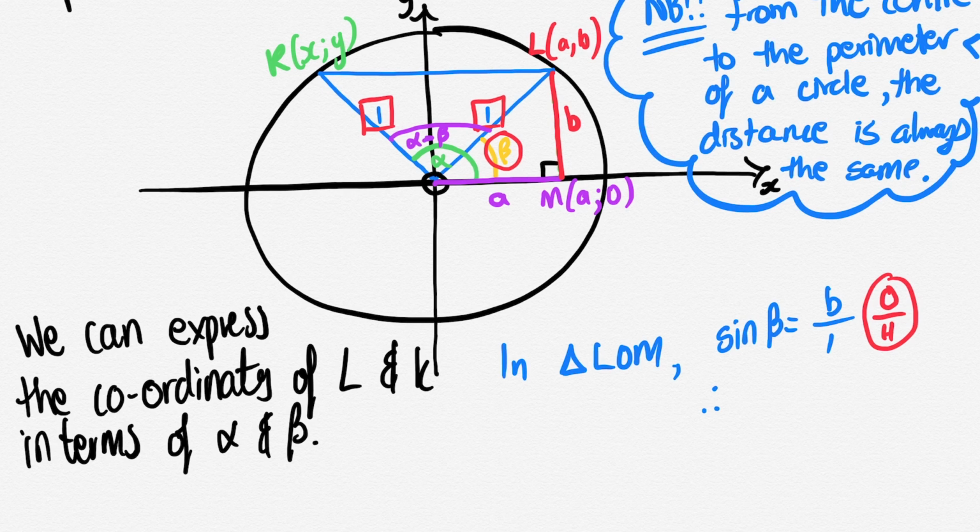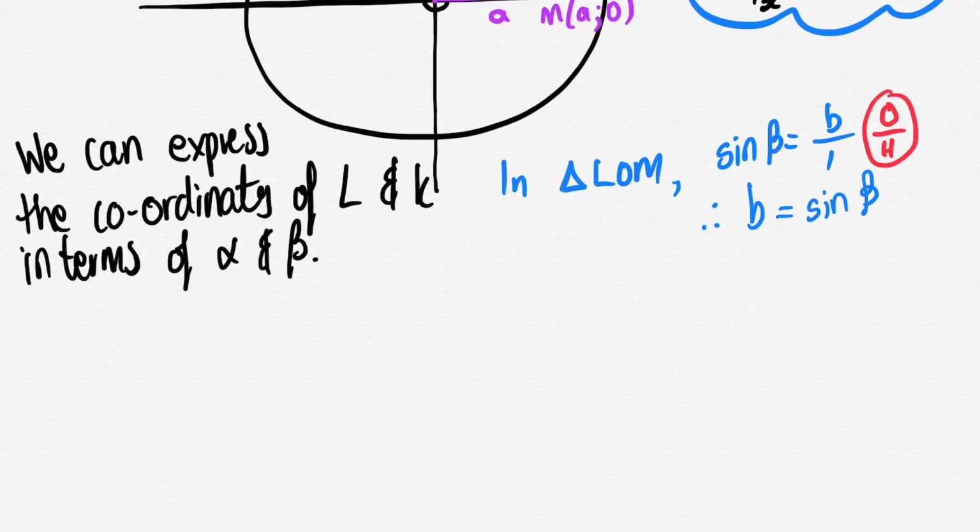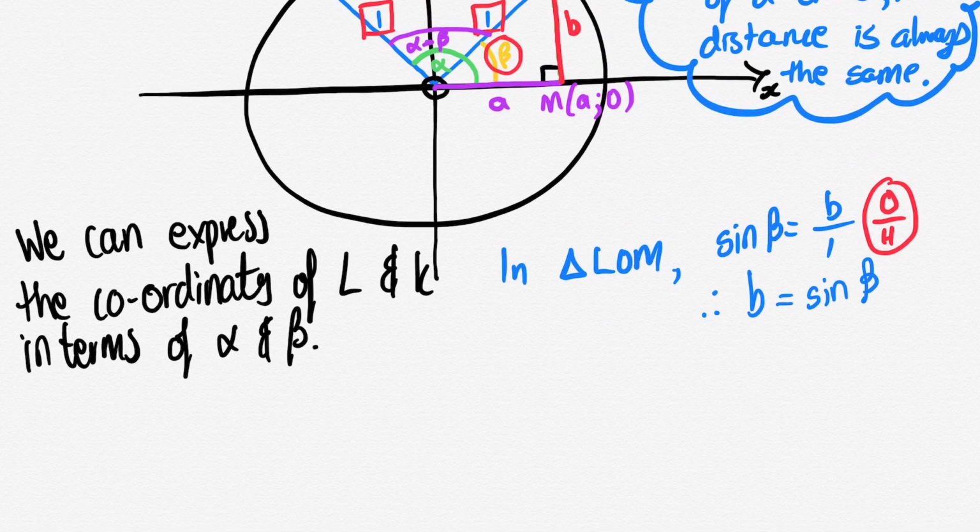So your actual answer would be sine of beta equals B. Therefore, we say that B is equal to sine of beta. Okay, just in case you're unaware of what's going on, we're deriving the basic equation of cos alpha minus beta. So now, let's do cos beta.